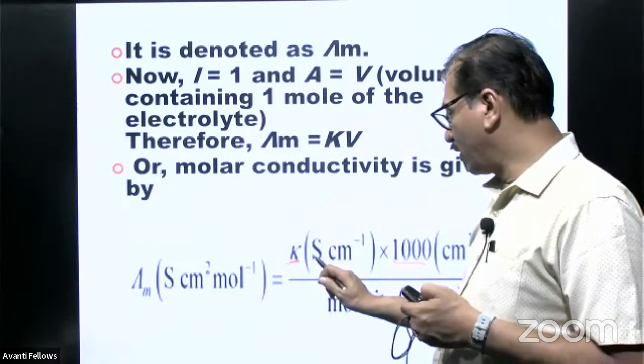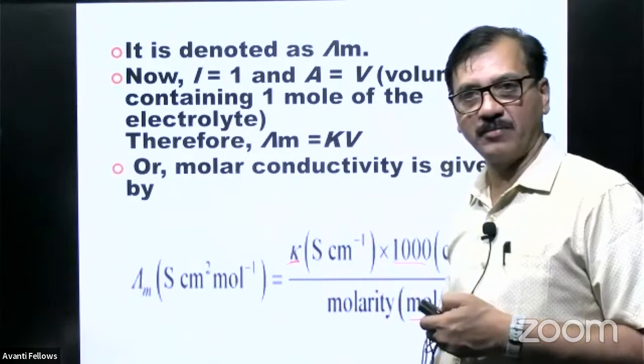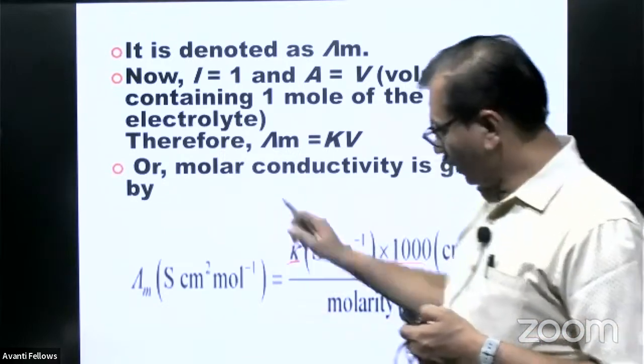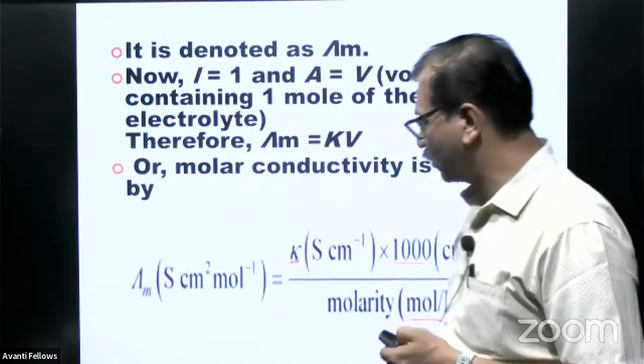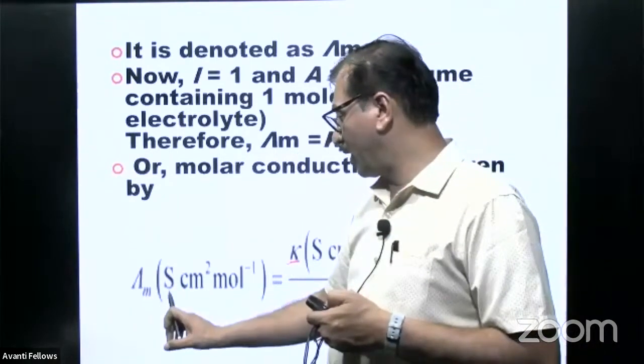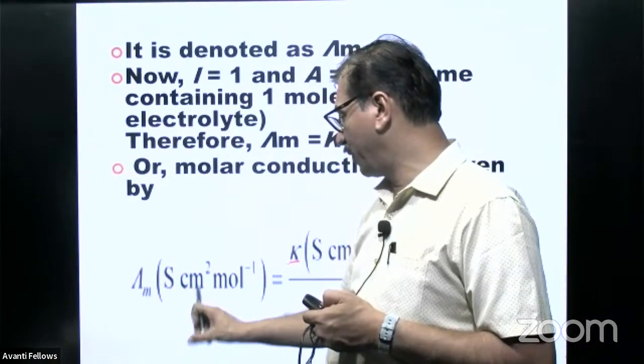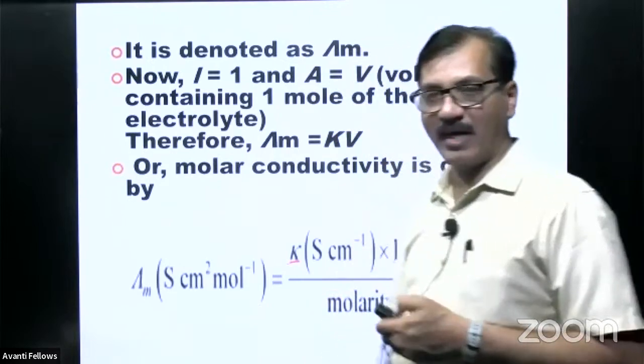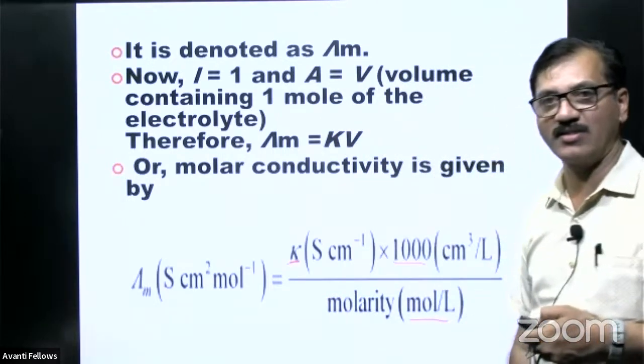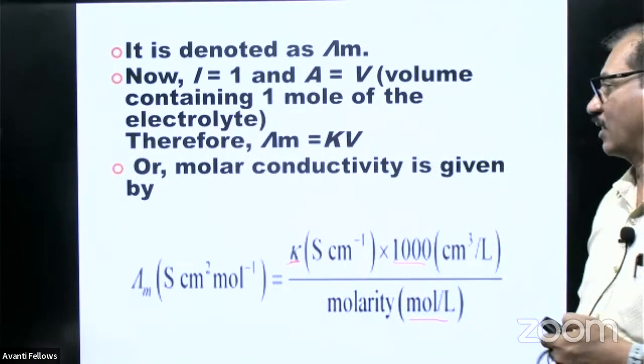And kappa is measured in S per centimeter. If all these units are taken in this way, then the unit of lambda m is Siemens centimeter square per mole.